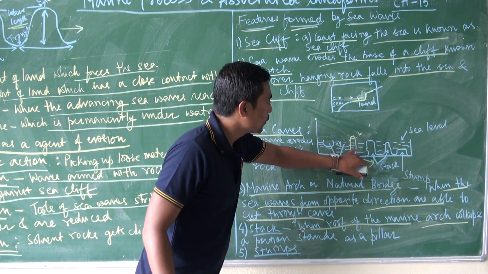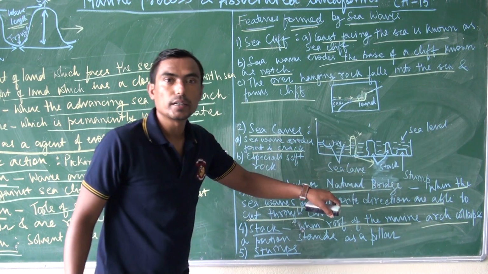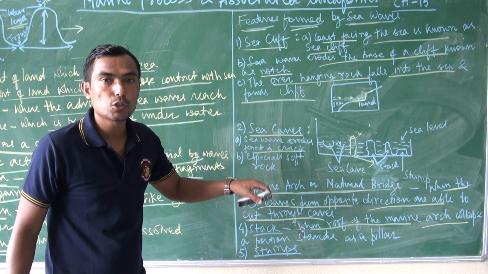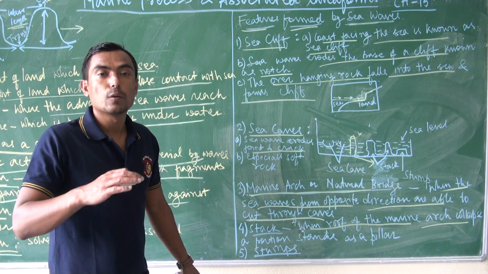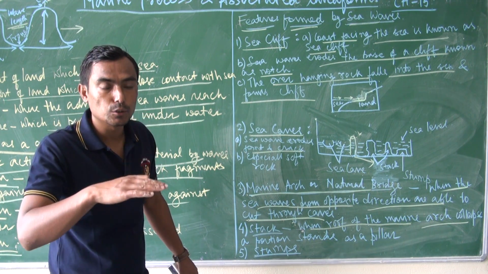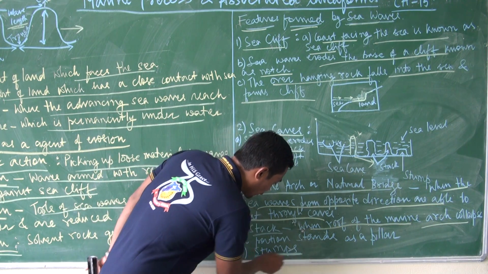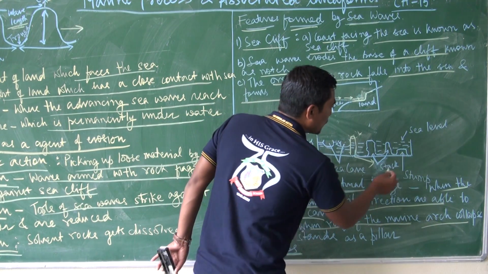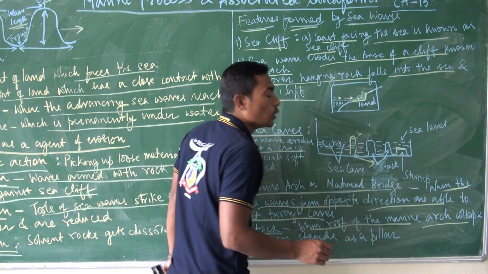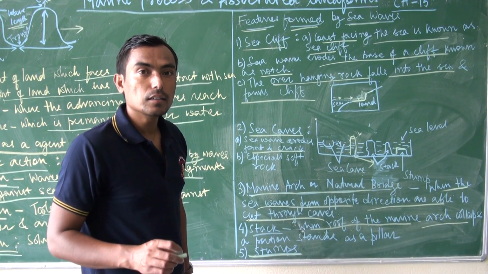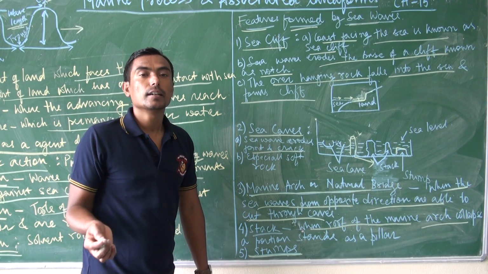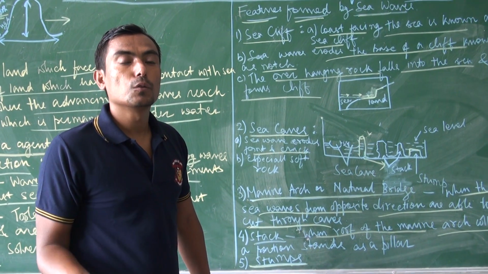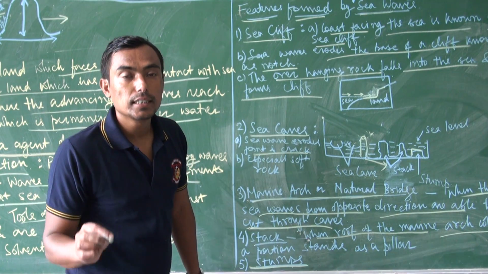Further, when these stacks get eroded due to continuous erosion by the sea waves, and when the height of the stack gets reduced, it results in the formation of stumps. It means that the stumps are those parts of the stack which are always under the water, and they may further get eroded due to the action of sea waves.